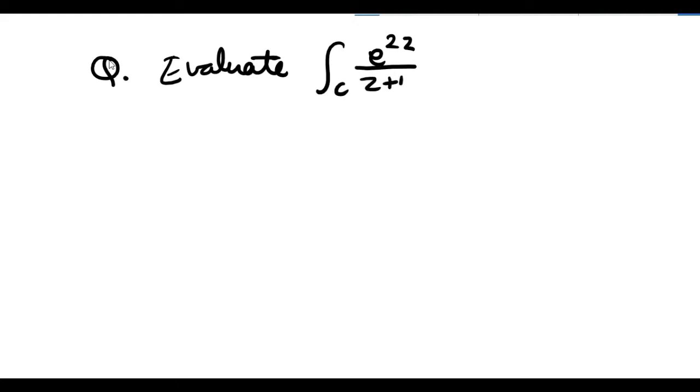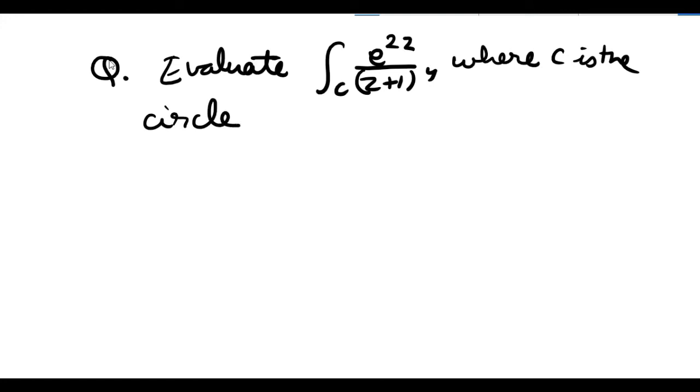Okay, so now you have to evaluate this function e to the power 2z upon (z plus 1) to the power 4, where C is the circle |z| = 3.